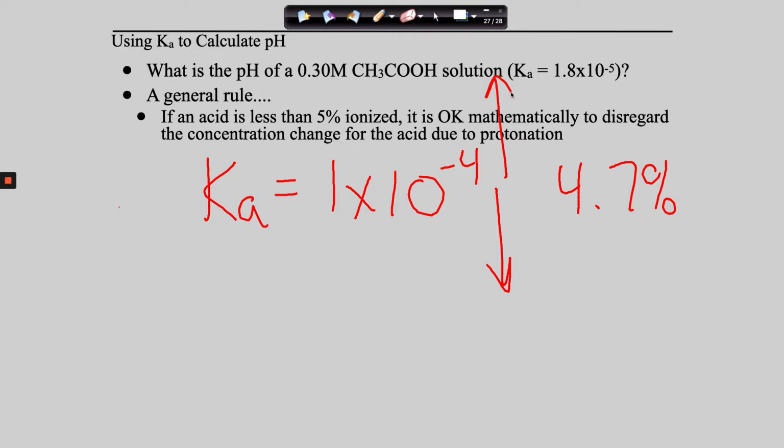If it is 10 to the negative fourth, I suggest you use the quadratic formula just to be safe. But guys, the bottom line is this: I've never seen an AP test where they've split these hairs with you. The Ka values for the weak acids they give you on the AP test have always been less than 10 to the negative fourth, so you can always drop the x, the minus x.